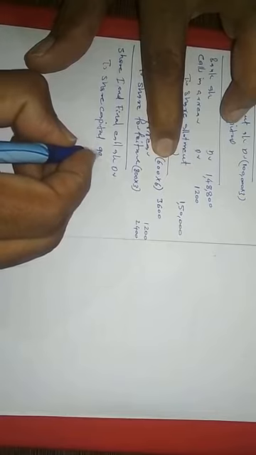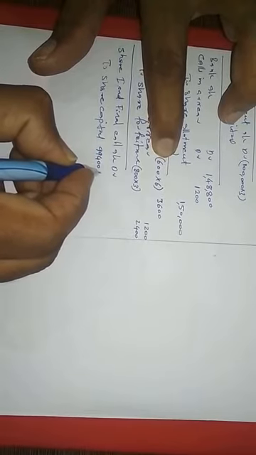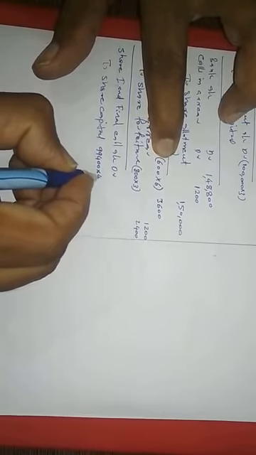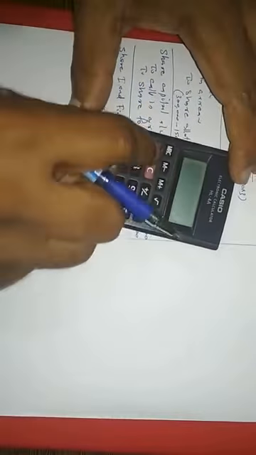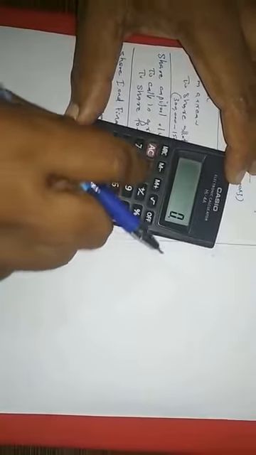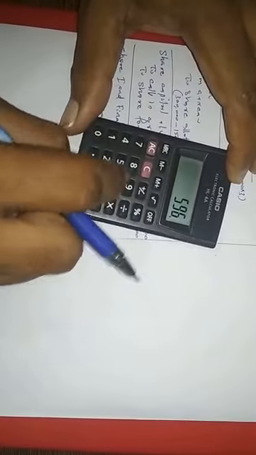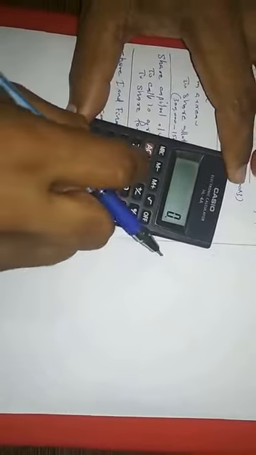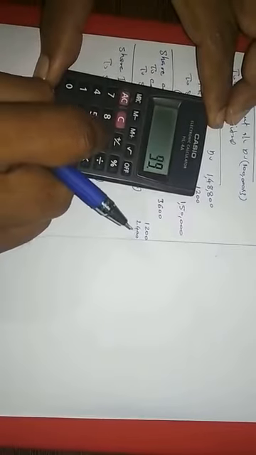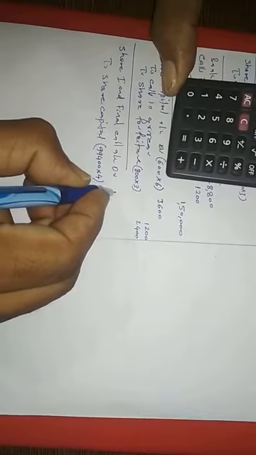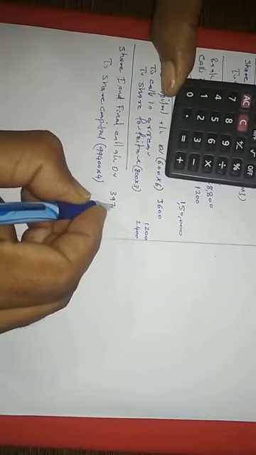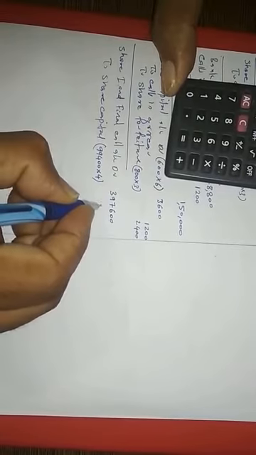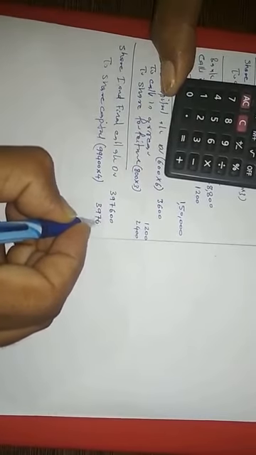So 99,400 into 4. Okay, that will be the amount. 99,400 into 4, so 3,97,600.